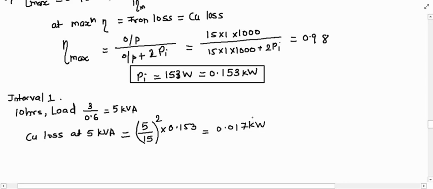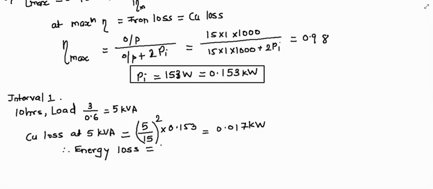So what is the energy loss now? This is for 1 hour. Therefore the total energy loss is, this is kW, right? Yes. Why is this kW? Because we are finding the copper loss at 5 kVA load.